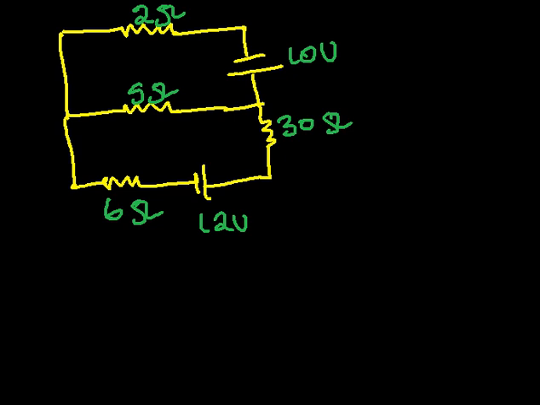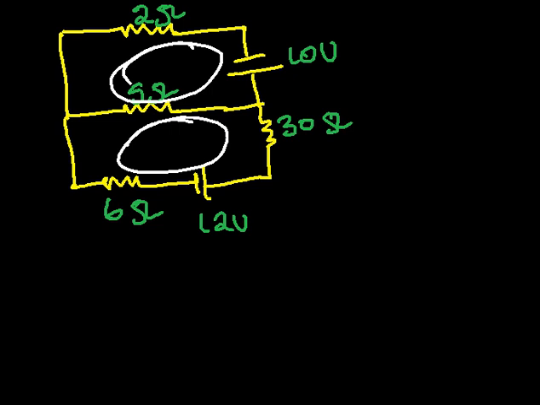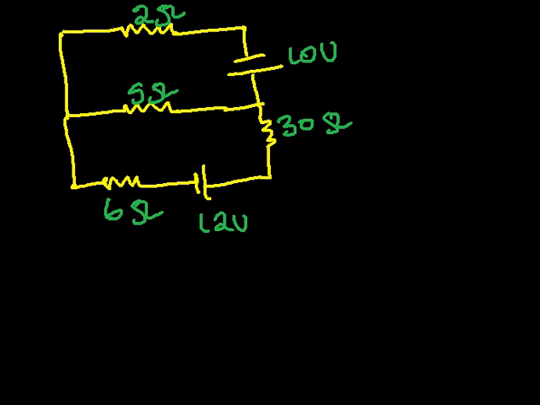First thing, you need to identify the number of loops. So this is loop 1 and this is loop 2, as you can see. Next, have you assigned the direction of the current in the loops? There's no direction of current given, so instead, you give it on your own.